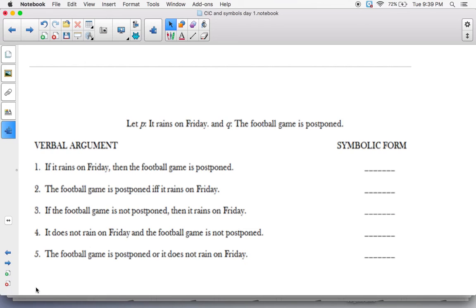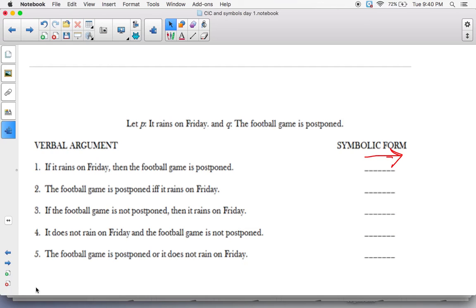Now, you all were given these sheets, so all you have to do is put them in your notebook and fill in the information with me. I'm giving you the verbal statement. All we're going to do is write them in symbolic form, okay? If you notice, the first one is if then. So you have an arrow.